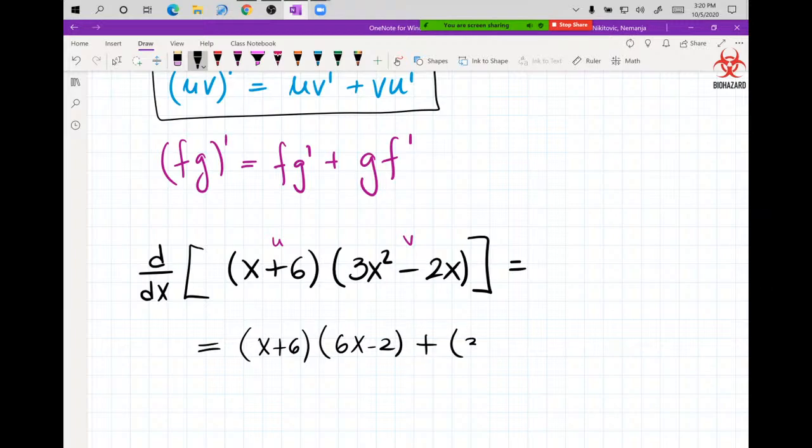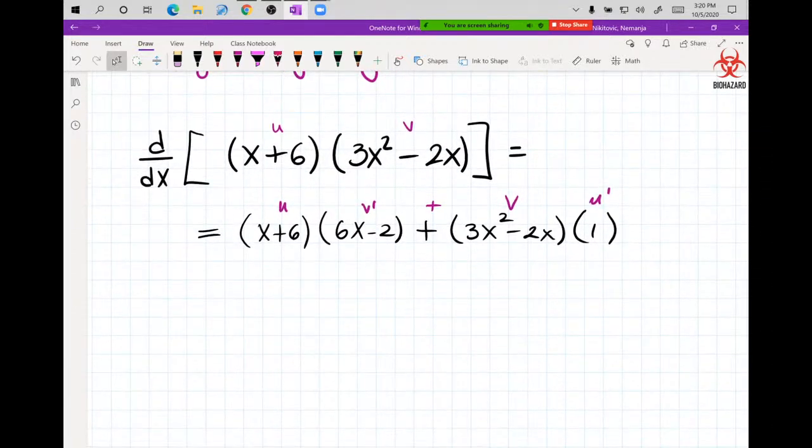Plus copy the second, which is v. Derivative of the first is just 1. So if I write stuff from the formula, u v prime plus v u prime, it's literally this simple, right? Obviously, you must memorize the formula.